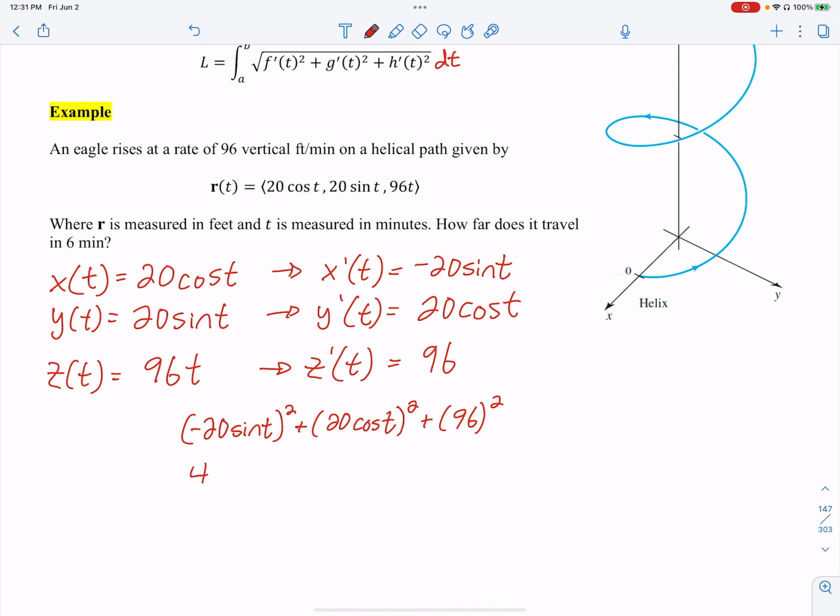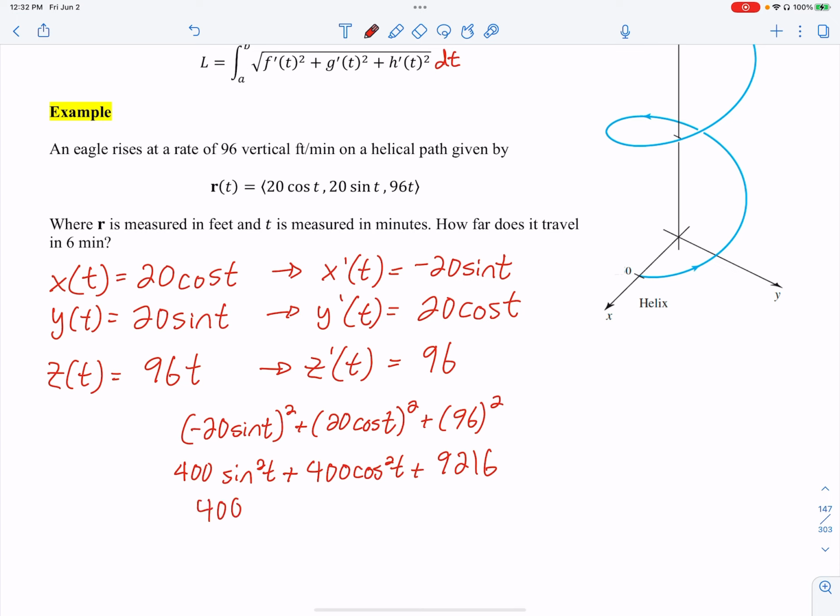All right, so we get 400 sine squared t plus 400 cosine squared t plus whatever 96 squared is. Let me multiply it out with my calculator. 96 squared is 9216.